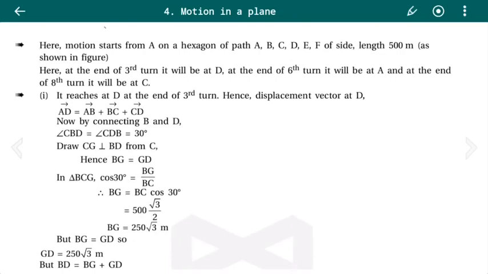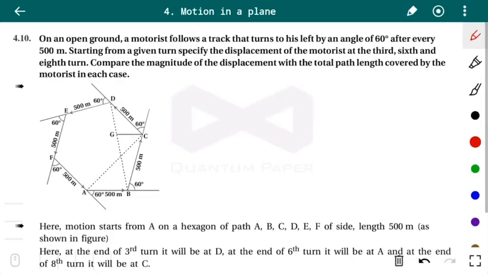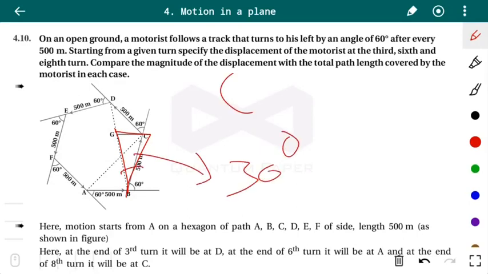In triangle BCG, cos 30 degrees is equal to BG upon BC. For this triangle BCG, this angle is 30 degrees. So applying cos, cos 30 degrees is adjacent upon hypotenuse.